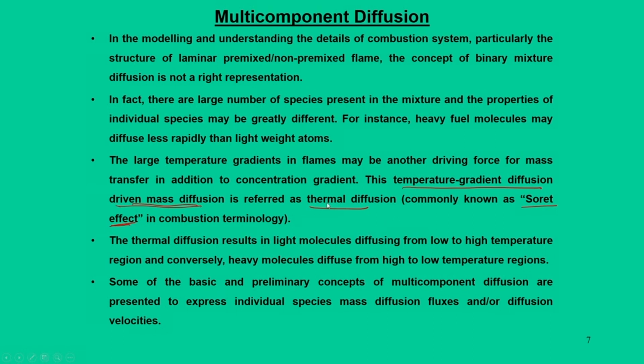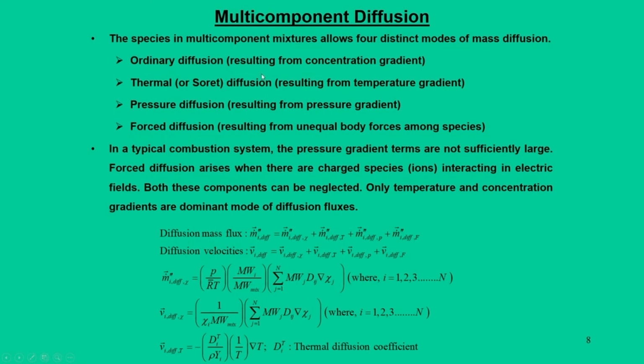But in these discussions we will talk about some of the basic preliminary concepts of multi-component systems and how they need to be approached. So, basically when you talk about the species in a multi-component mixture, there are four distinct modes of mass diffusion. One is ordinary diffusion, and that results from the concentration gradients, and if there is only ordinary diffusion, then we can use Fick's law to quantify this mass diffusion.